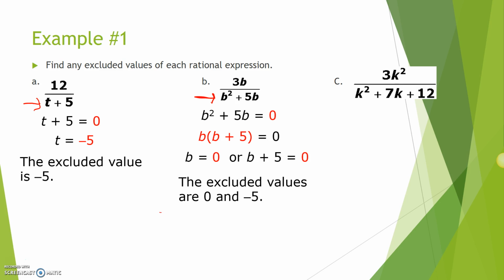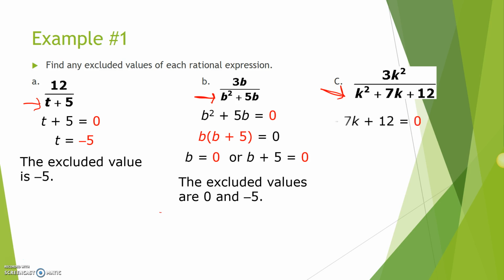Looking at c, we have 3k squared over k squared plus 7k plus 12. Again, we're looking at the denominator, and we are going to set this equal to 0. But look at the denominator here. We have a polynomial.